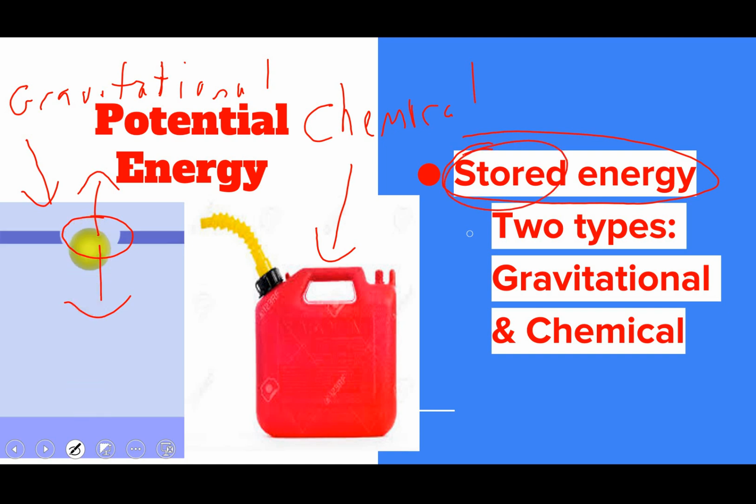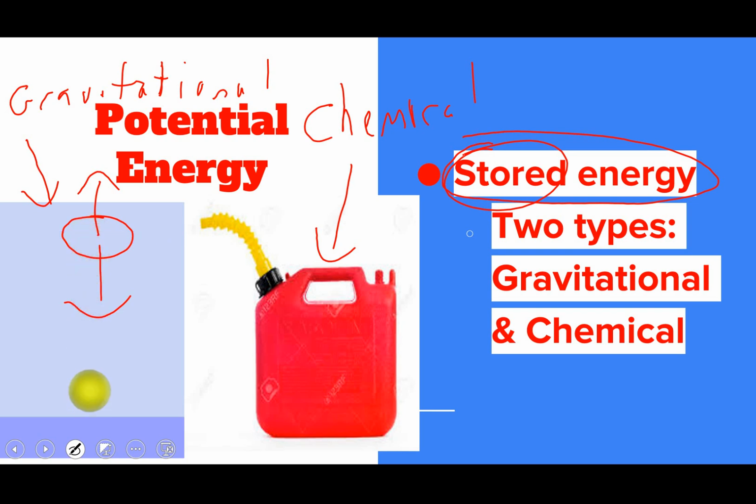Even though it's stored and it's not moving, doesn't mean that there's not energy inside of it, because you know that if you lit a match next to that gasoline, it would erupt in a fire. Because it has so much energy stored inside its molecules, in the chemicals that make up that gasoline. And that's why it is stored energy, it's potential energy.